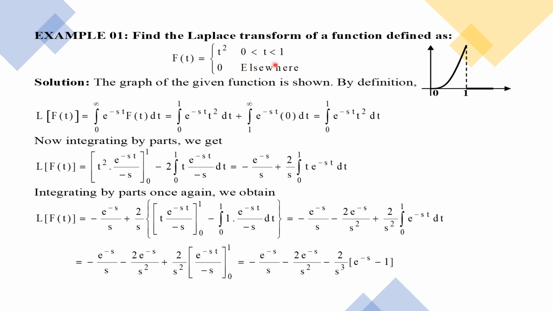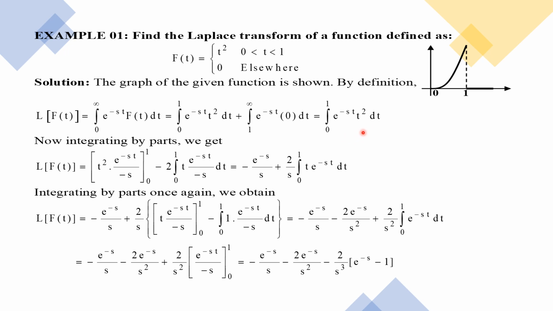Between 0 to 1 this function gives t square, so we write f of t is equal to t square, plus the integral from 1 to infinity. Elsewhere this function is 0, so this integral goes to 0. So we have the rest, 0 to 1 e power minus st t square dt.